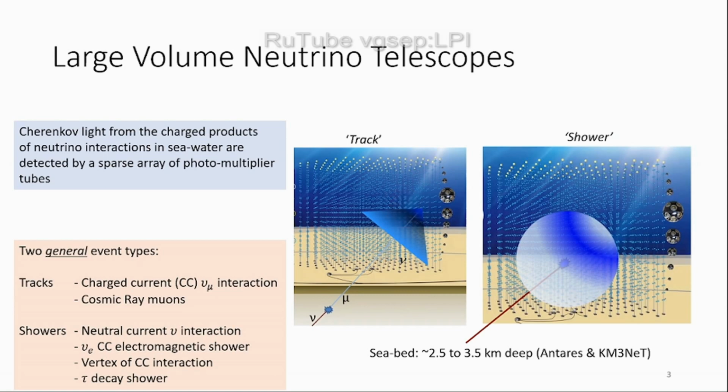And then you have more compact energy depositions, typically from electrons from charged current electron-neutrino interactions, hadronic showers from the neutral current interactions or the hadronic part of a charged current interaction. These tend to be a bit more compact. So you see a little schematic, left the track, right the shower, and this is at 2.5 to 3.5 kilometers deep, because these are the typical depths of the ANTARES and KM3NeT detectors.